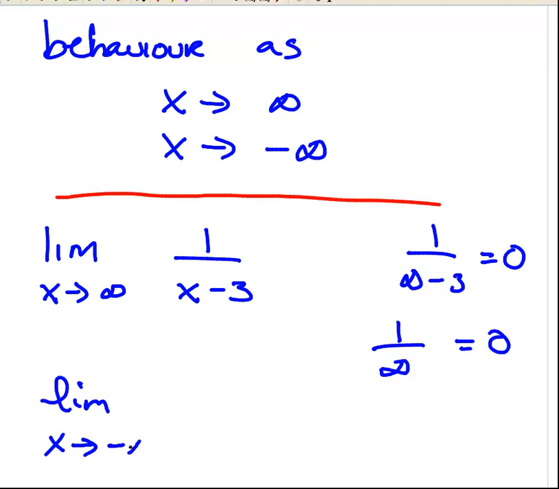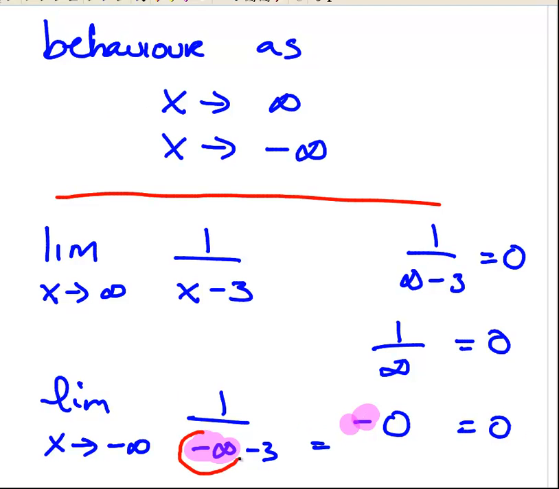As x approaches minus infinity, again we have minus infinity minus 3, so we'd end up with minus 0 essentially, but that's just 0. We always conserve the sign when dealing with minus infinity, but minus 0 is just 0. Essentially, we just treat it like a very simple limit problem where we evaluate it at minus infinity and infinity. So that covers the stationary points and also the long-term behaviors.